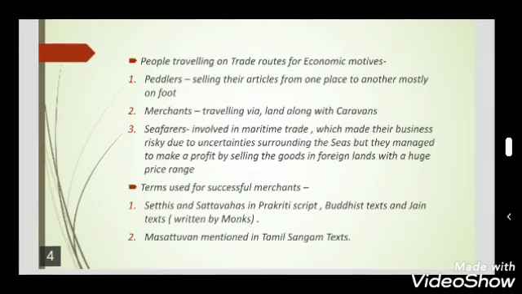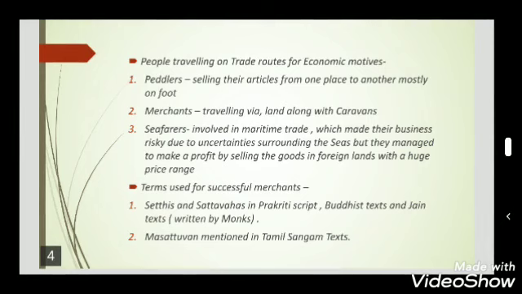I hope you remember why they are talking about merchants: these merchants used to give donations. And the monasteries or religious institutions had what kind of relationship with them? They had a symbiotic relationship with them. So these merchants have been mentioned in these texts.